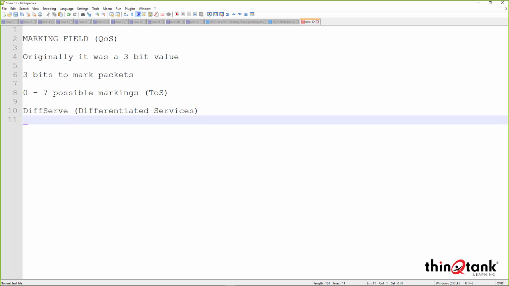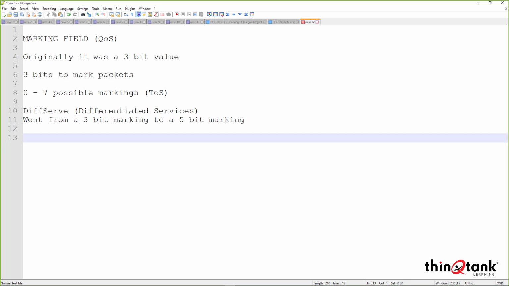So instead of a 3-bit marking, we went to, in essence, a 5-bit marking. It's actually a 6-bit value, but it ends up being 5 bits based on how it's used. And this is called a DSCP value, not the TOS byte, not the TOS value, but a DSCP value, differentiated services code point.